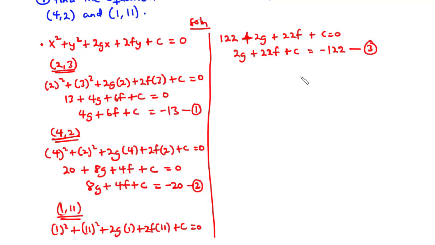So we have 3 equations now. We are going to solve all these 3 equations simultaneously. Now let's multiply equation 1 by 2.